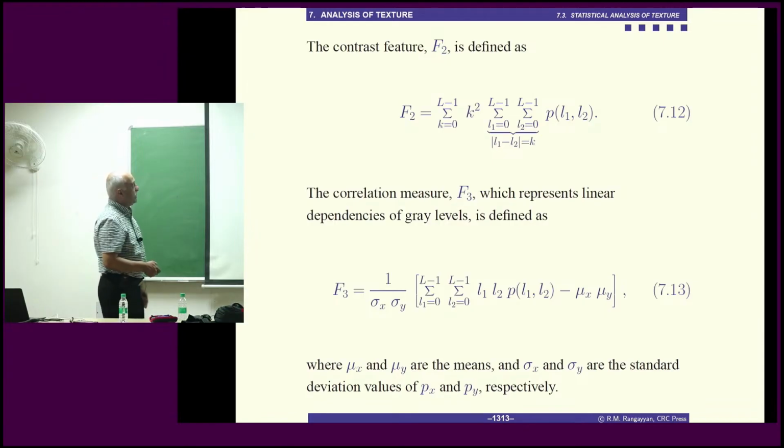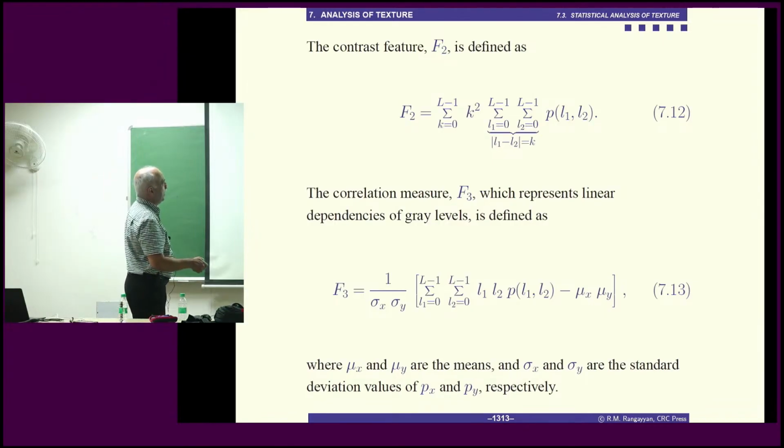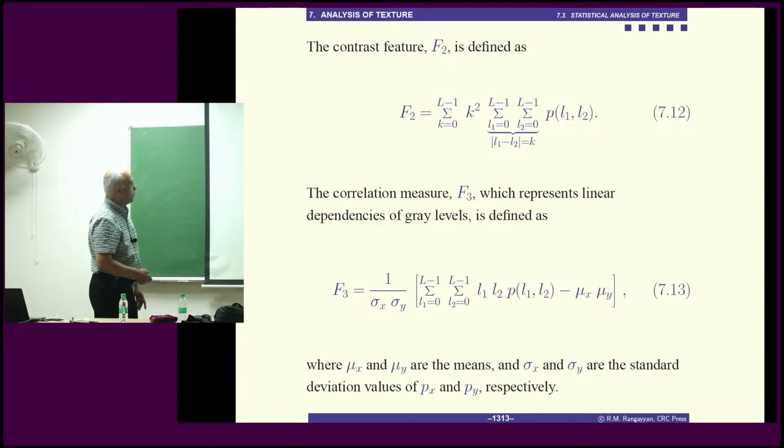The correlation measure, sum of L1, L2, P(L1, L2) minus the means, mu x, mu y. Mu x, mu y, and sigma x, sigma y are the standard deviation values of the marginals, Px, Py. So this is the normalization factor. This is weighting by L1, L2 for P(L1, L2) and subtract the means. So this is interpreted as correlation.